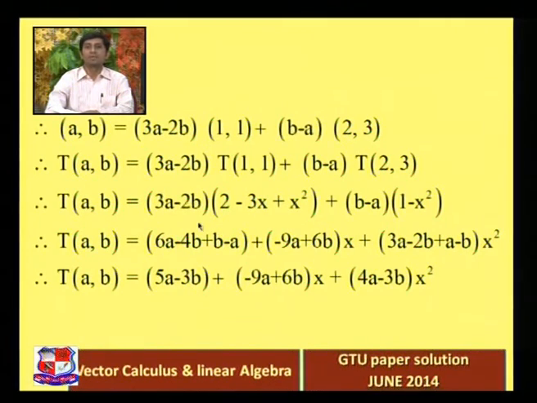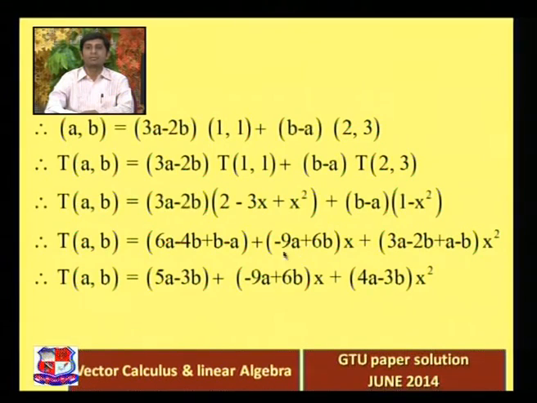Similarly, the coefficient of x. That is minus 3 into 3a minus 2b, that is minus 9a plus 6b, into x. And in the second term there is no term of x.